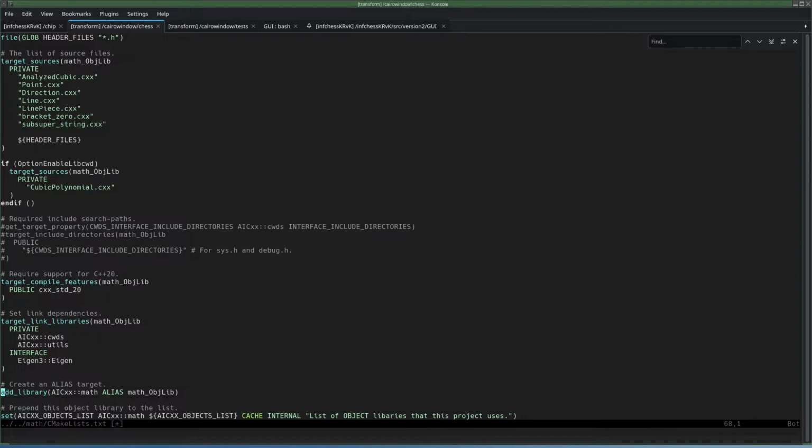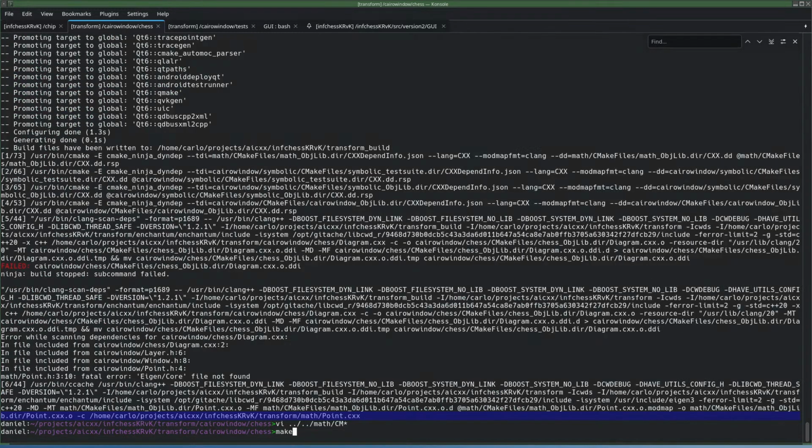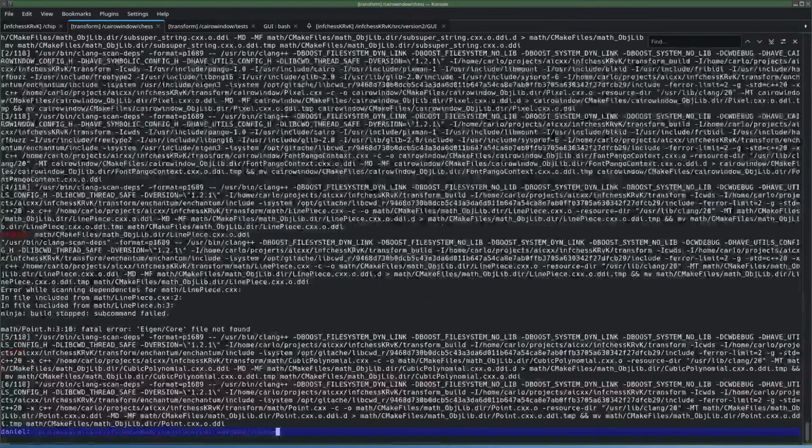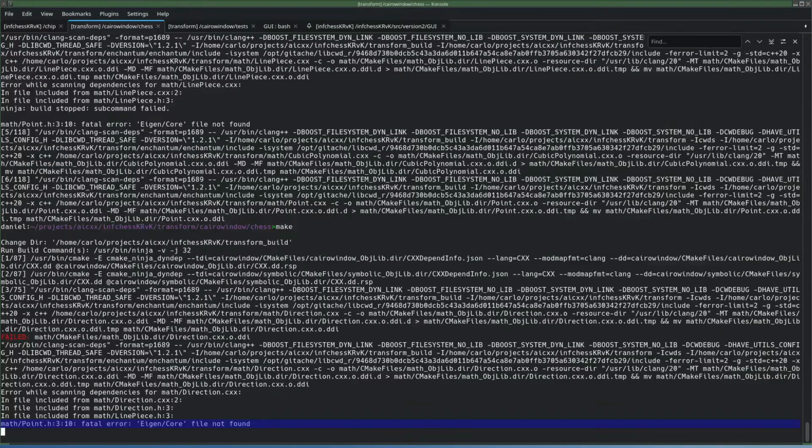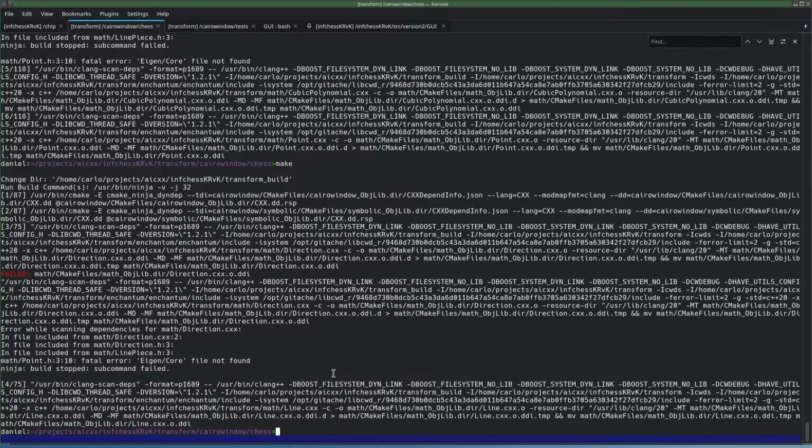Kind of lame, but now what is more or less the same problem, but that just means that we are not linking with eigen in terms of CMake. This time that happens in math itself.